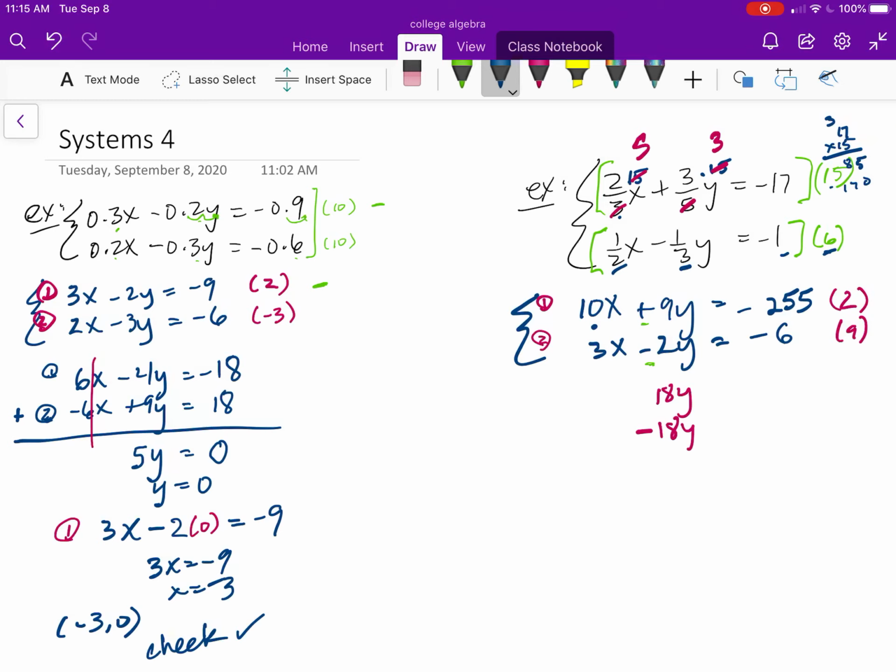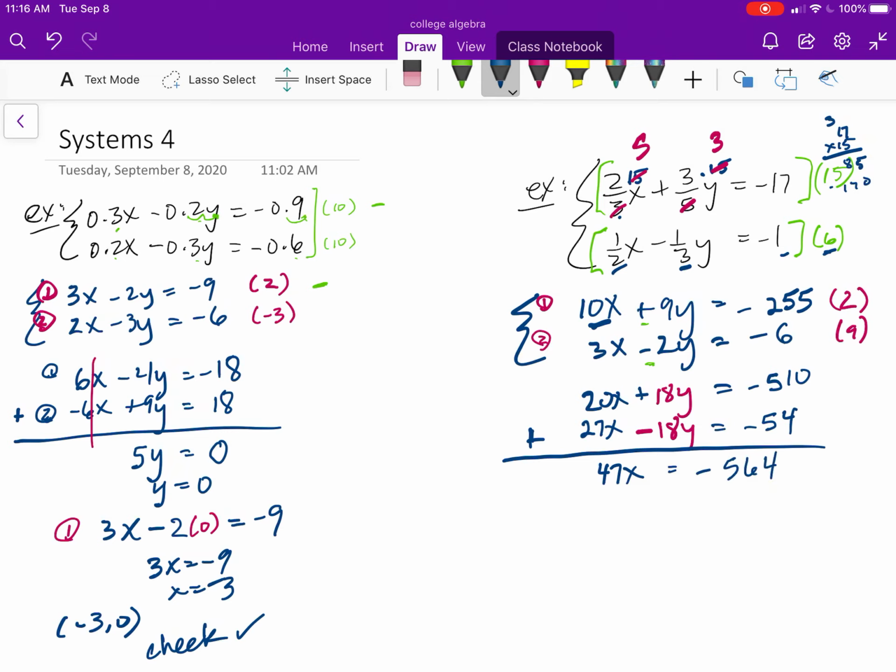All right, 2 times 10x is 20x plus 18y. And then negative 255 multiplied by 2, I believe that's negative 510. For equation 2, we would have, let's see, 27x and negative 18y and negative 54. Combine these two equations, 47x equals negative 564.